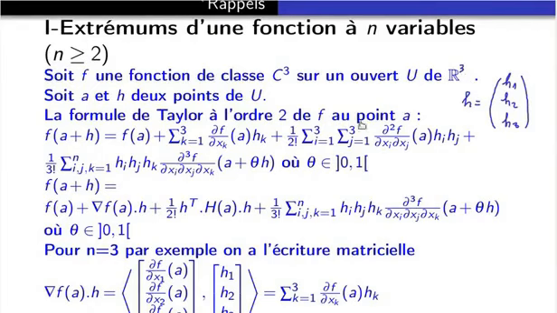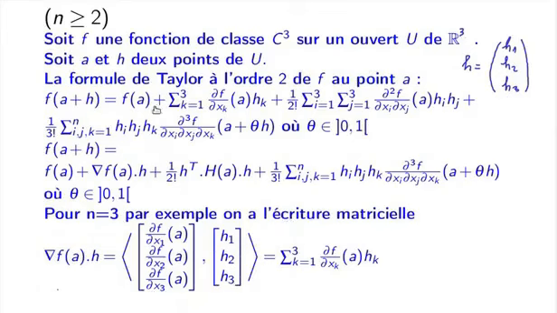The Taylor formula of order 2 is written as follows. f of a plus h equals f of a plus the sum of the products of the first partial derivatives of f at a by h_k, k ranging from 1 to 3, where h1, h2, h3 are the components of the vector h, plus 1 over factorial 2, the sum for i ranging from 1 to 3 times the sum for j ranging from 1 to 3 of the second derivatives of f with respect to xi xj at point a multiplied by hi hj, plus a third term involving the third derivatives, but at the point a plus th with t strictly between 0 and 1.